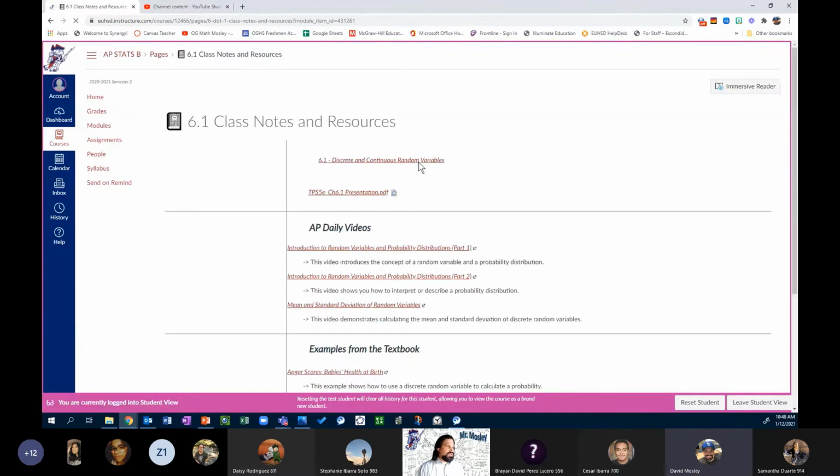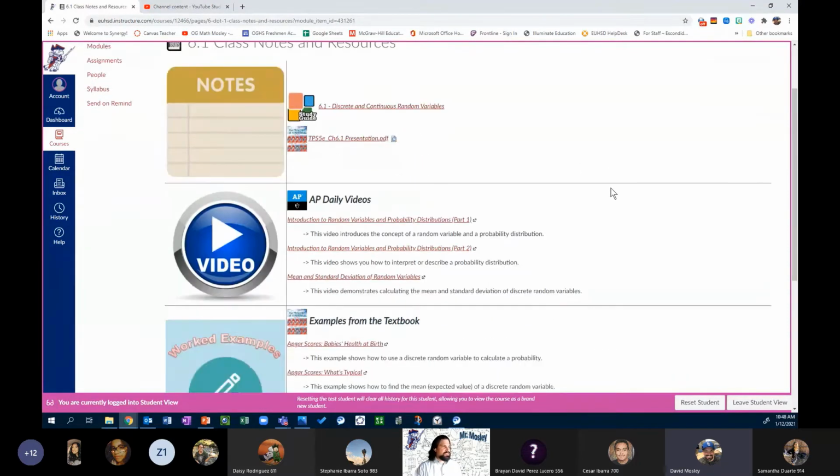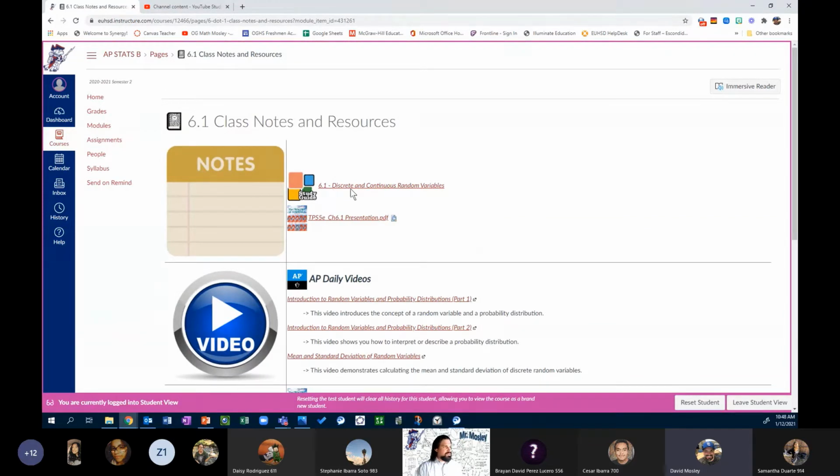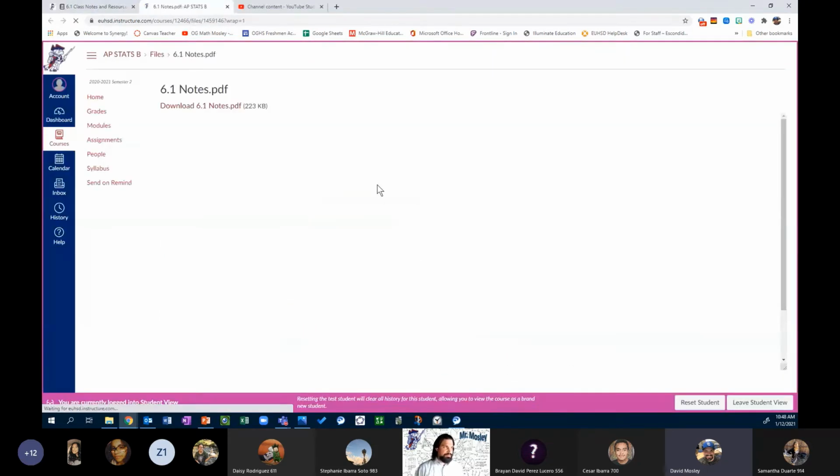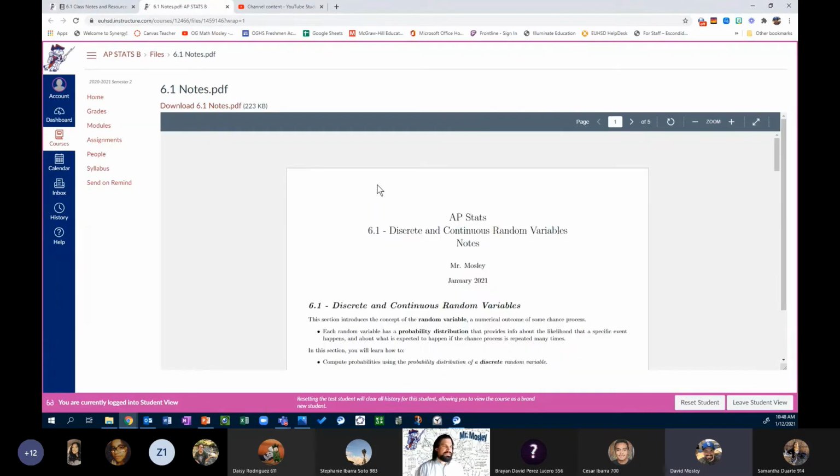So here's our 6.1 notes and resources. As you can see, I've got things kind of broken down here. At the top, we have notes. These are the notes / study guide that I've created for section 6.1. Right, this is not the same as like the PowerPoint or anything like this. It is a document.